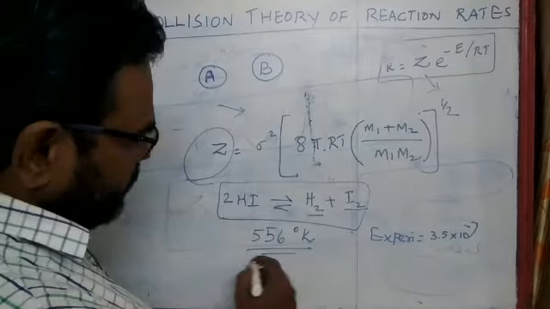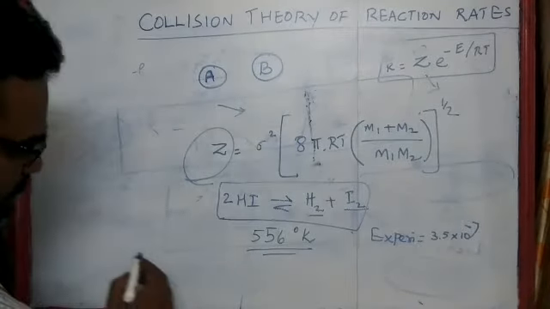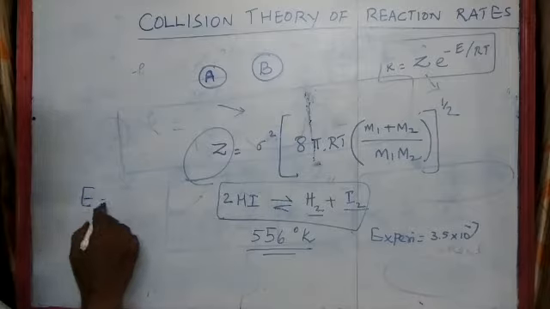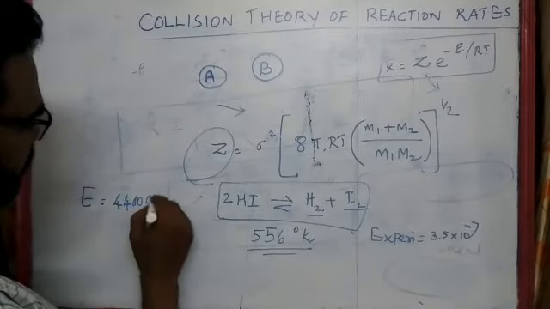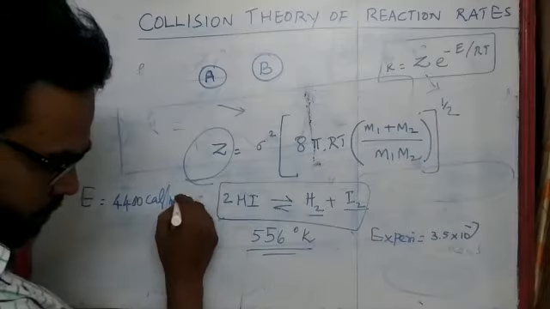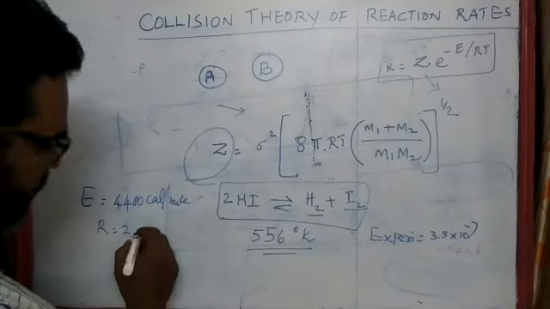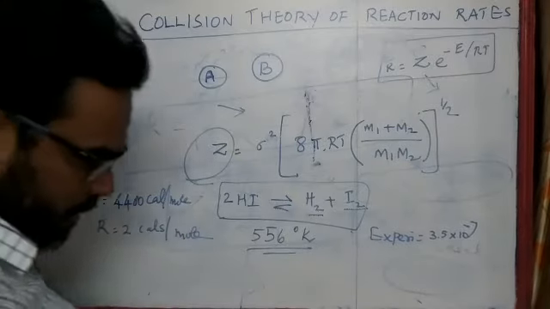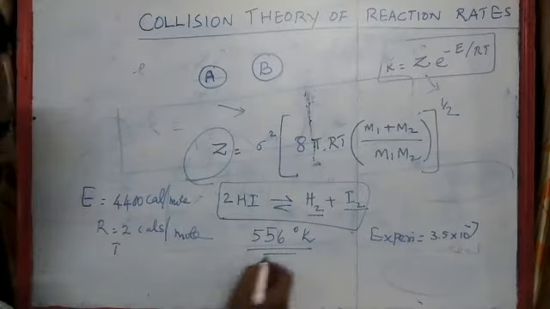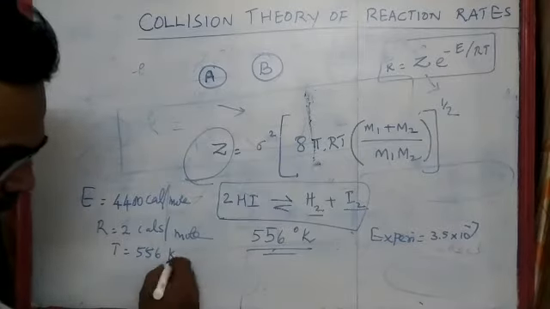Whereas for the theoretical calculation, the energy of activation E for this reaction is 4400 calories per mole, R is equal to 1.98, approximately 2 calories per mole, and T is 556 Kelvin.